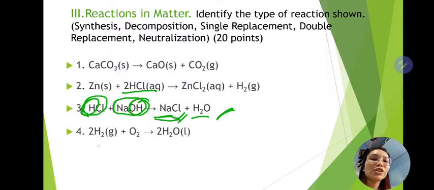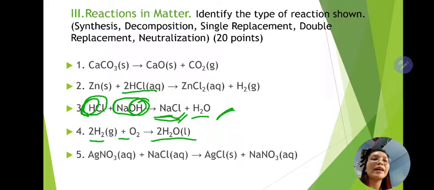Then, we have this reaction: from 2H2 and oxygen, we now have water. What is the type of reaction? From two reactants, we have a single product. So, that is called synthesis. Then, we have this: silver nitrate, Ag is silver. We have nitrate, sodium, and chloride. Although this is a salt, this is an aqueous solution of silver nitrate.